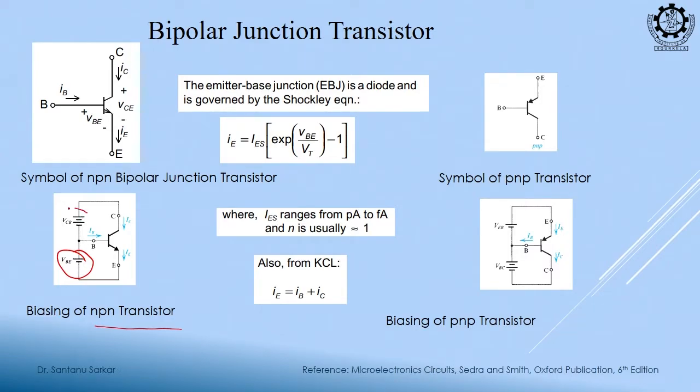I also provide a positive voltage between collector and base, so that the collector and base are reverse biased. This is my general biasing. If I do this, what will happen? I will get a base current and an amplified collector current, and the sum of these two, IE, is equal to IB plus IC.